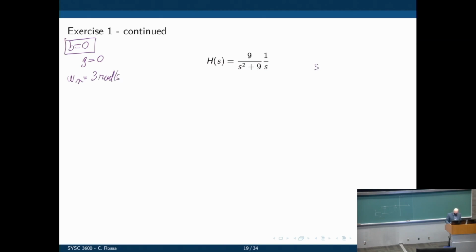Omega n squared is 9, and the damping term is 0. So zeta equals 0.